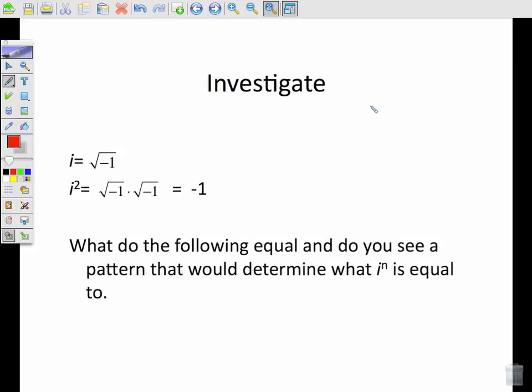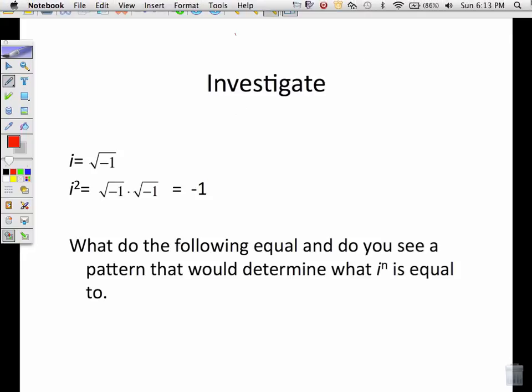All right, first of all, here's what we know. i is the square root of -1, so i squared would be the square root of -1 times itself, which is equal to -1. Now what we're going to do is look at a pattern here.